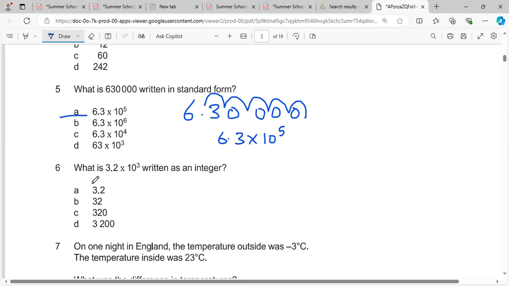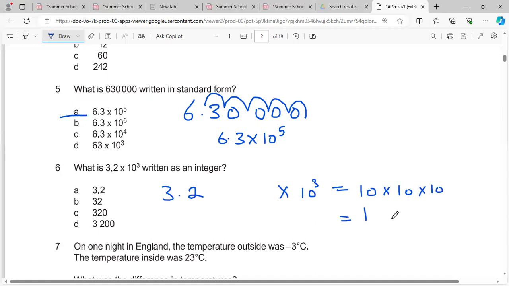Alright, this one says, what is 3.2 times 10 to the third power? Now, 10 to the third power, we can actually convert like this, right? 10 to the third means 10 times 10 times 10. So it's 10 times 10 times 10, which is 10, 10, 100, right?